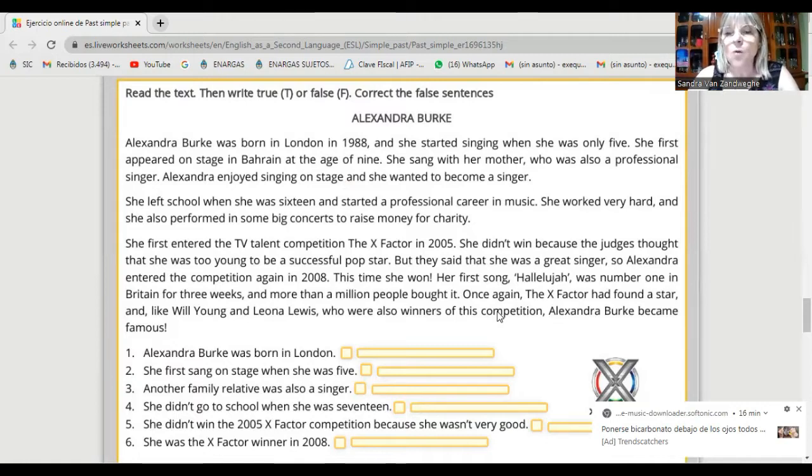Her first song, Hallelujah, was #1 in Britain for 3 weeks, and more than 1 million people bought it. Once again, the X Factor had found a star, and like Will Young and Leona Lewis, who were also winners of this competition, Alexandra Burke became famous.